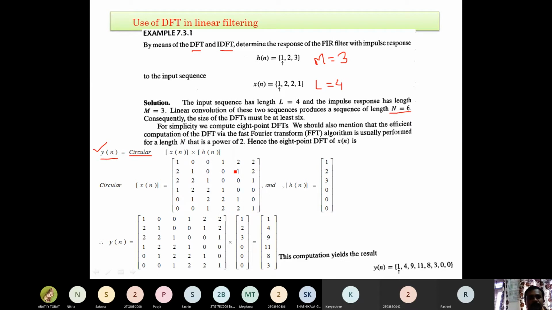Okay, so if you compare first column, second column, third column, and up to nth column, these elements are shifted circularly. I am keeping x of n as it is of size n by appending extra zeros. So go for this one. The circular x of n is multiplied with another matrix h of n.